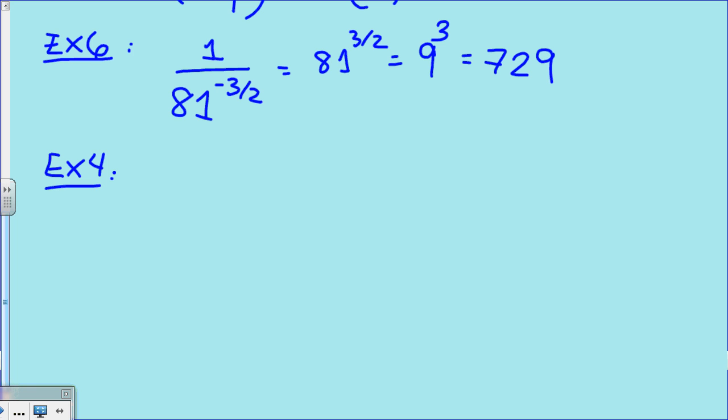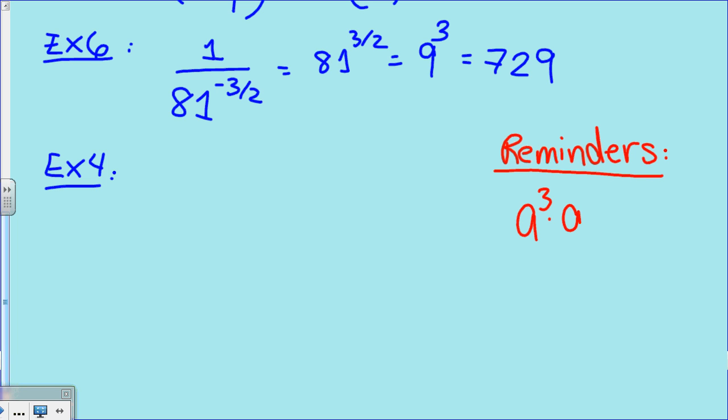Before we go to the next one, let me start to show you some reminders. If I say a cubed times a squared, you will tell me the answer is a to the 5th, you add them together. If I say a squared over a to the 5th, what are you going to do with this one? Subtract. The answer stays on the bottom, because it is bigger.